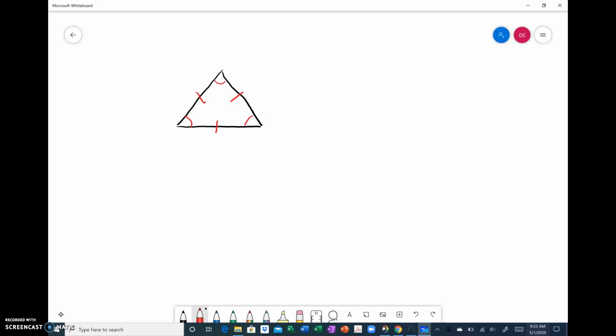Okay, we're going to come back to that in a second. The next drawing is of a square. I know it's a square because it has 4 congruent sides and 4 right angles. Now you might say, well, it doesn't show that they're parallel. You cannot have right angles if these opposite lines are not parallel.